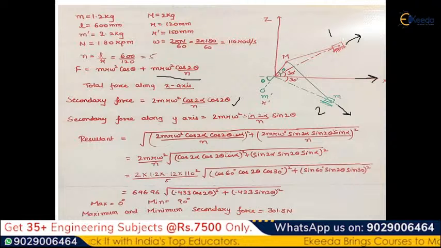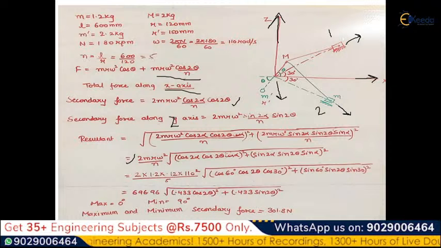And along the z-axis, one force will be in this direction and another one will be in the opposite direction. Because we know the values along the x-axis and the z-axis, we can find the resultant easily. Take all the common factors out and place all the known values.